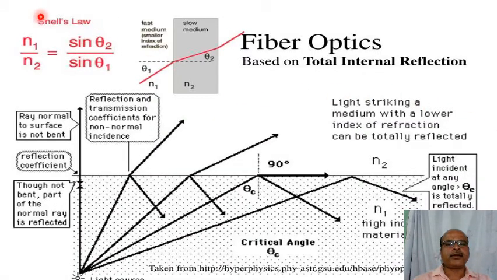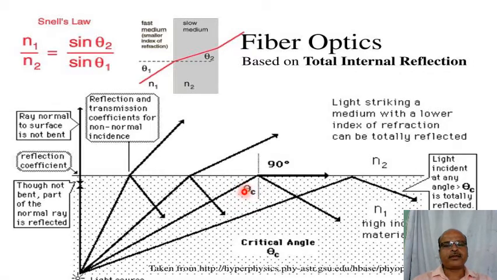Basically, optical fiber communication is based on Snell's law, and light in the optical fiber is reflected due to the total internal reflection phenomenon. So this is the source. When light is transmitted, it is either reflected or refracted. As shown in this figure, this is the angle of incidence theta c.